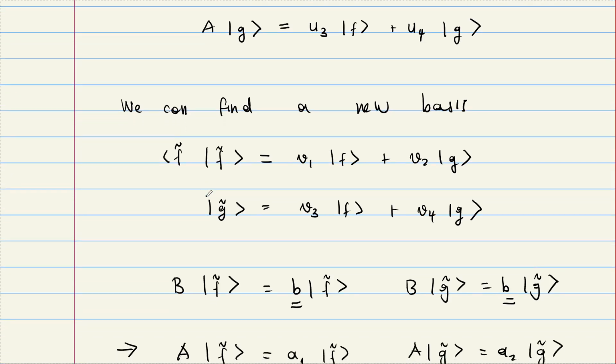Okay, you are right, F tilde. If F and G are orthogonal, they are going to give you v1 squared plus v2 squared. That's not necessarily 1, right?